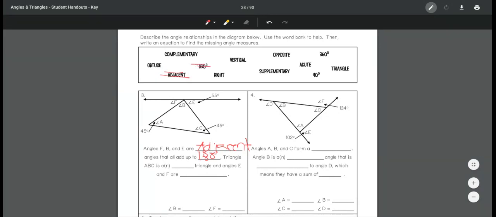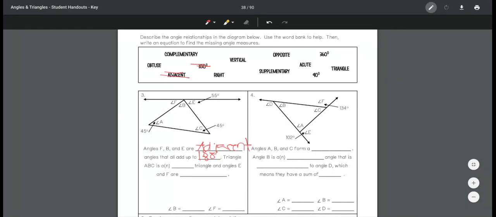Okay. And then triangle ABC is a or an blank triangle. So let's look at our triangle. We've got triangle ABC, with 2 of the same degrees here and here. So 180 degrees minus these 2 angles is going to equal angle B, because we know that a triangle has 180 degrees in it.